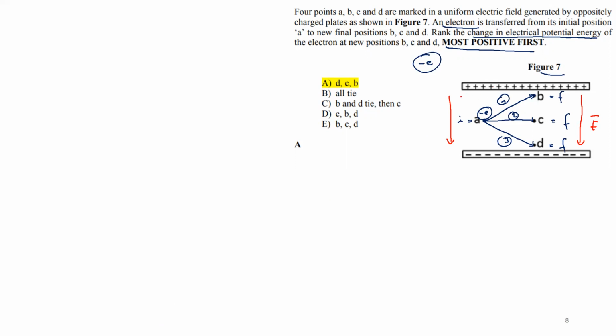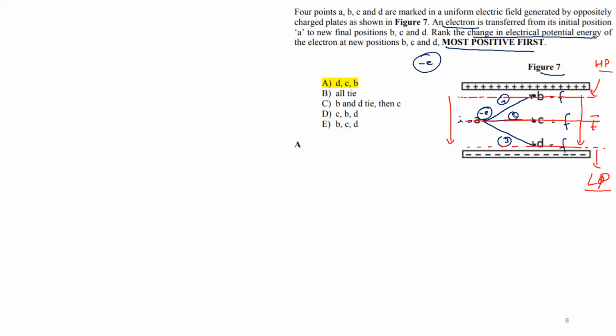You know that they will be parallel to the plates. So this is an equipotential line, and this is another equipotential line. And of course, this will be higher potential, and this will be lower potential, because the electric field is pointing towards the lower potential.